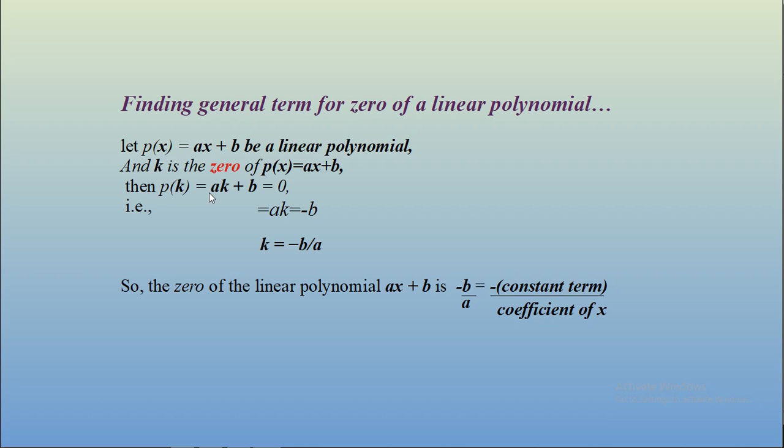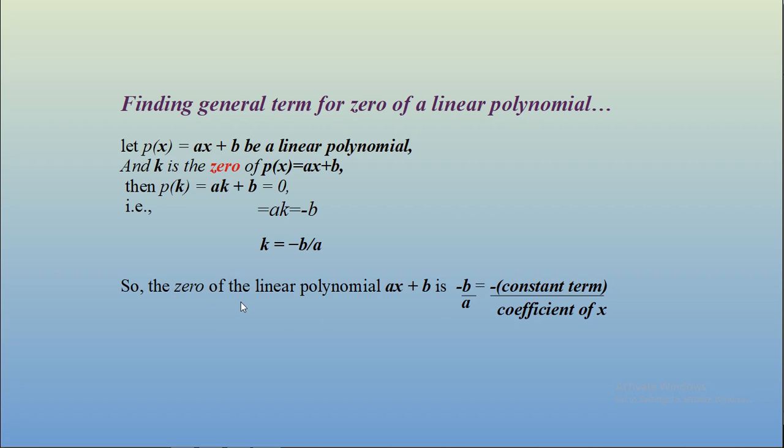Okay, and from this equation ak plus b equals 0, we get ak equals minus b and k equals minus b by a. In general, if k is the 0 of the linear polynomial p of x equals ax plus b, we can write the 0 of that polynomial is equal to minus b by a, where this b is the constant term of the polynomial ax plus b and a is the coefficient of x in the polynomial ax plus b.